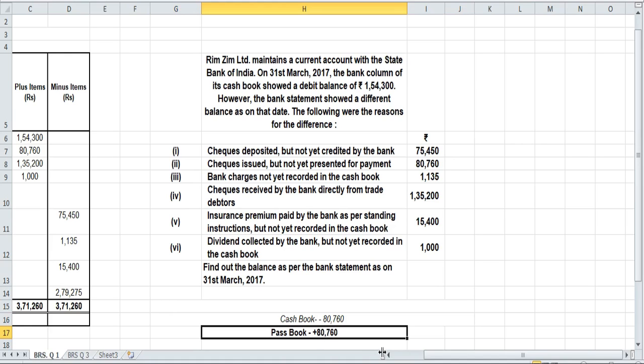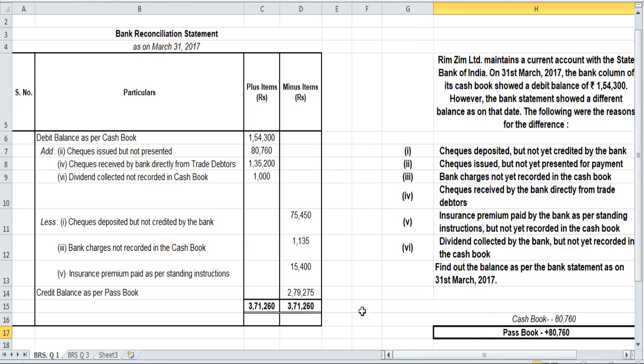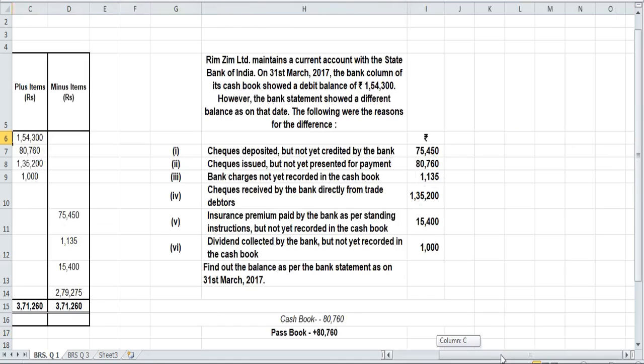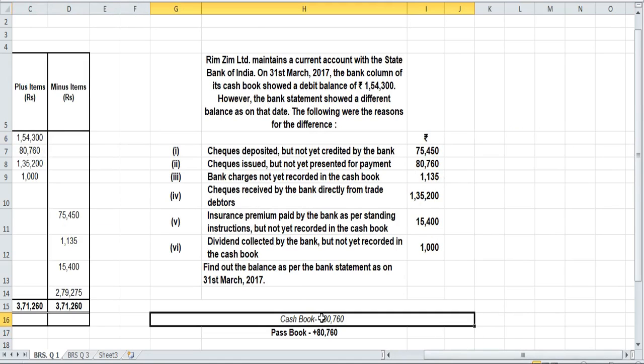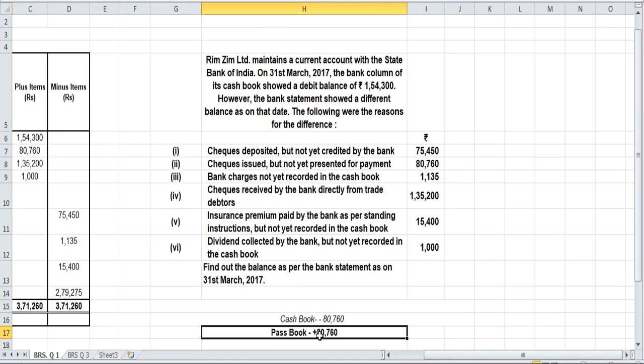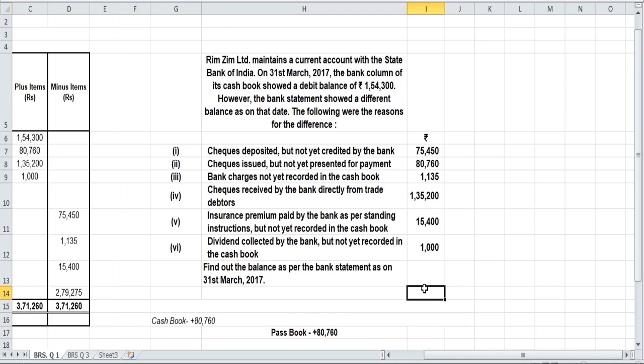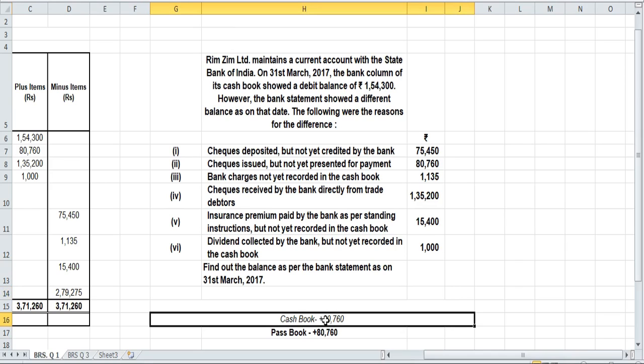So here in the cash book we have issued 80,760, but in the passbook we have not issued. We are starting with which? We are starting with the cash book. So what are we going to do? We are going to move the cash book and bring it up to the passbook. So here we will bring it up, and this will go on which side? This will go on the plus side.